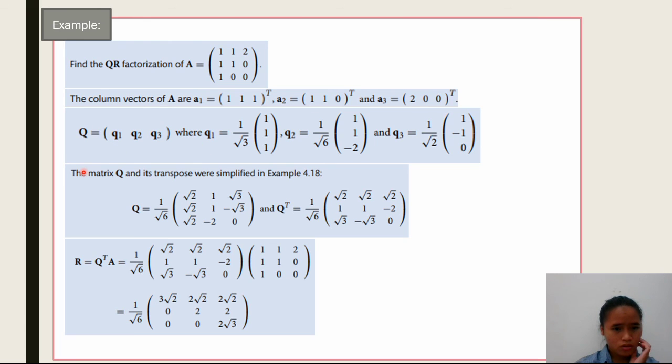So the matrix Q transpose, the transpose of the matrix Q, multiplied by this, and we get this.